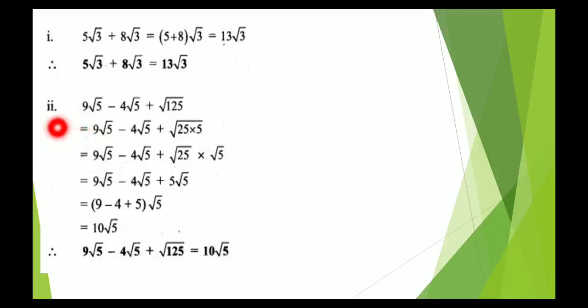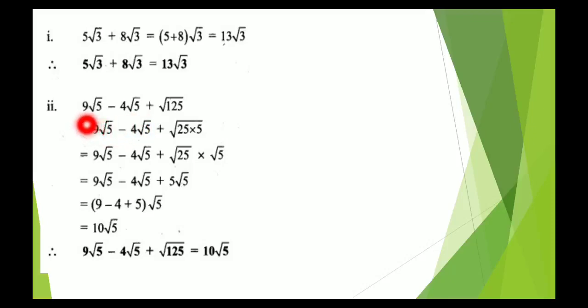Now question number 2. 9 root 5 minus 4 root 5 plus root of 125. Here the orders of 3 surds are same, but the radicand of only first and second number are equal.